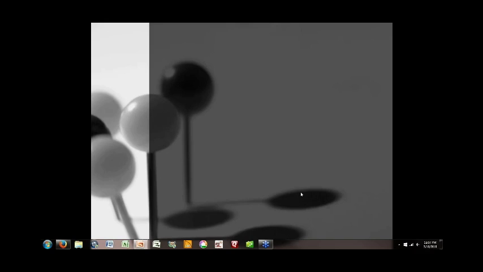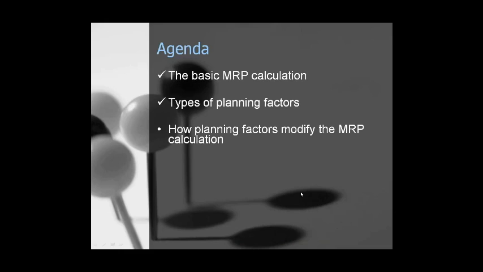All right, so let's go back. Now that we see the 3 types of planning factors, the planning factors that affect when an order is placed, the planning factors that affect how much we are buying or building, and the planning factors that affect what inventory we can actually use for the MRP calculation.